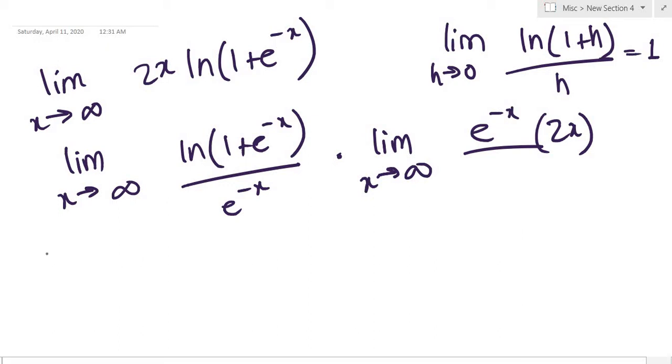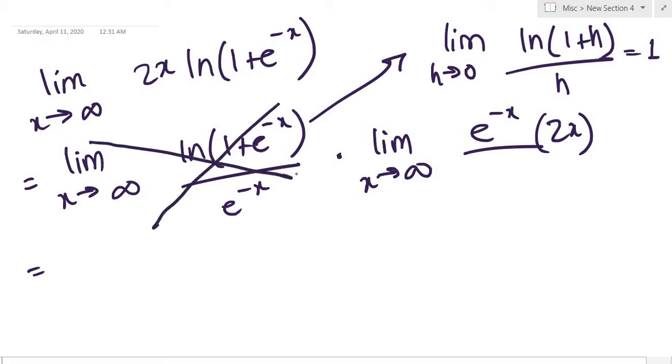As x approaches infinity, e raised to negative x approaches 0 in both the numerator and the denominator, which is exactly like the form that we had. So all of this is just going to disappear into a 1.